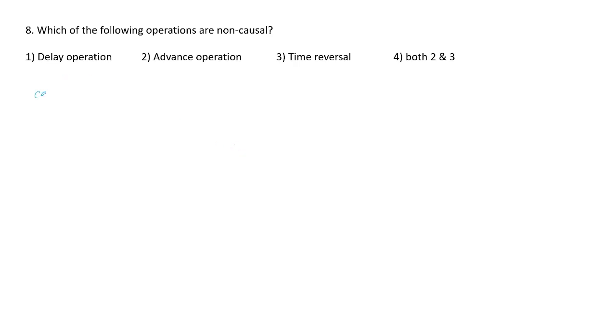Basically, causality means your function value is 0 for t less than 0 in case of a continuous time signal, or for a discrete time signal n less than 0.